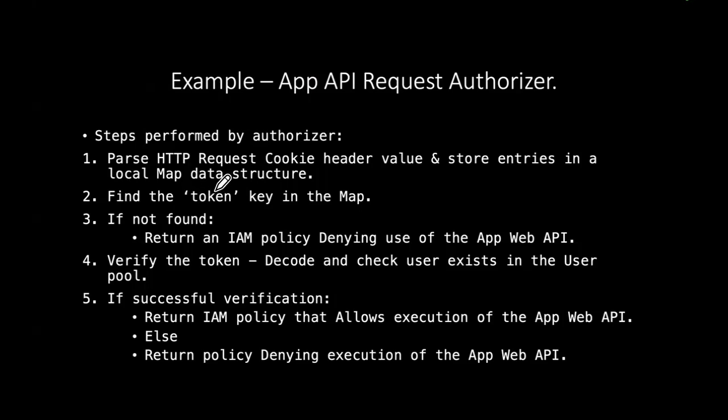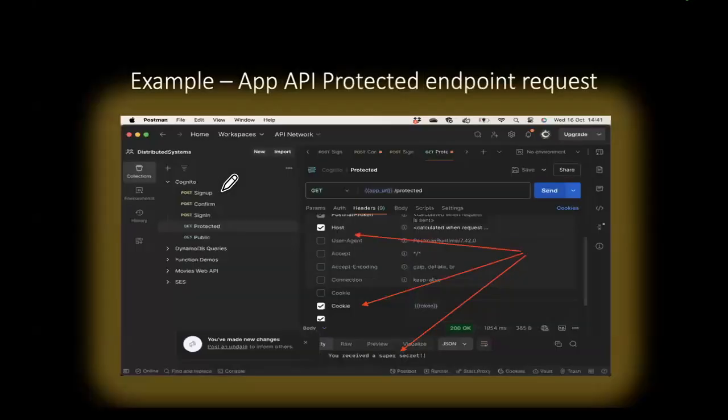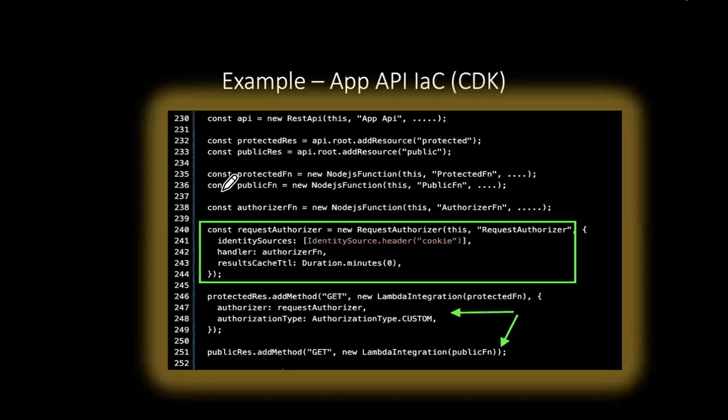Otherwise, it means that the request doesn't contain a JWT token. Why am I looking for the key token?